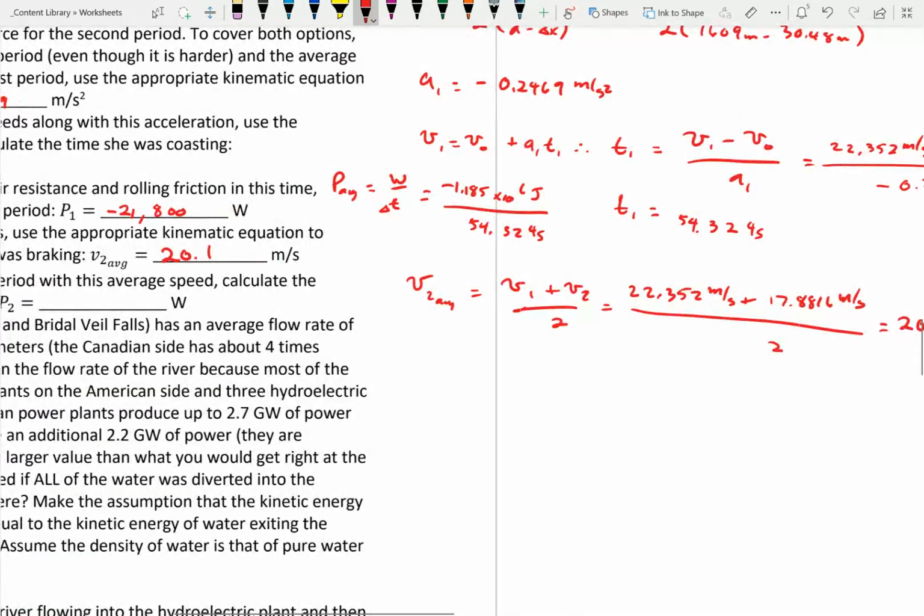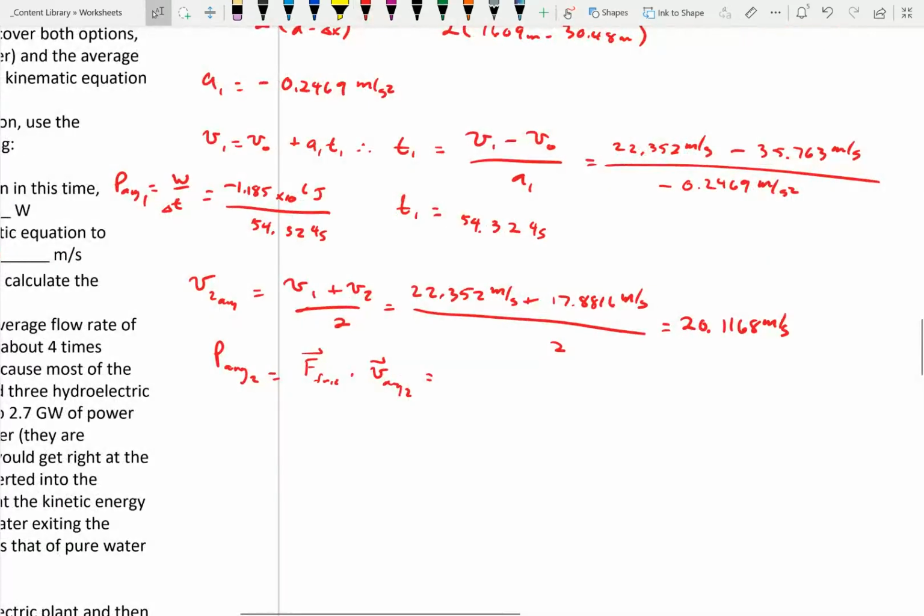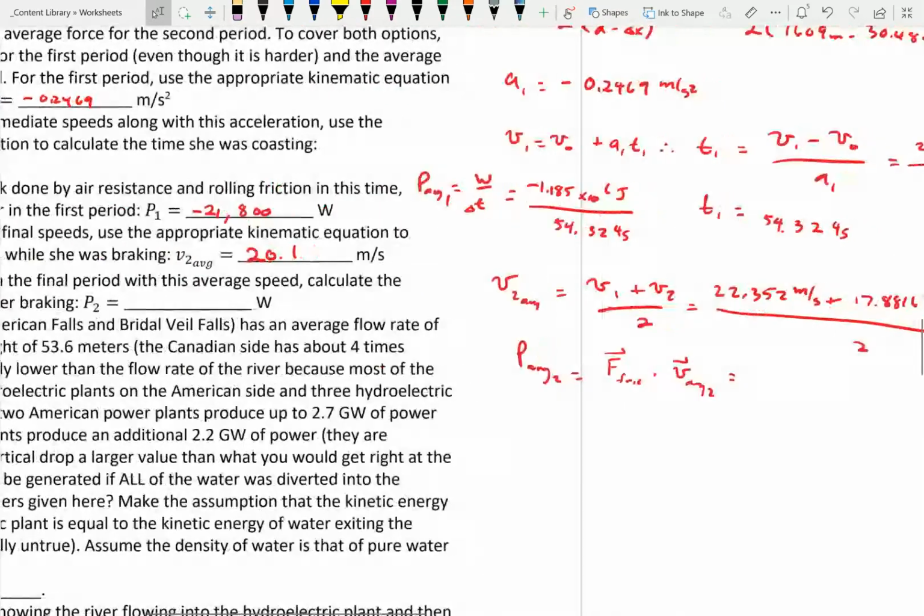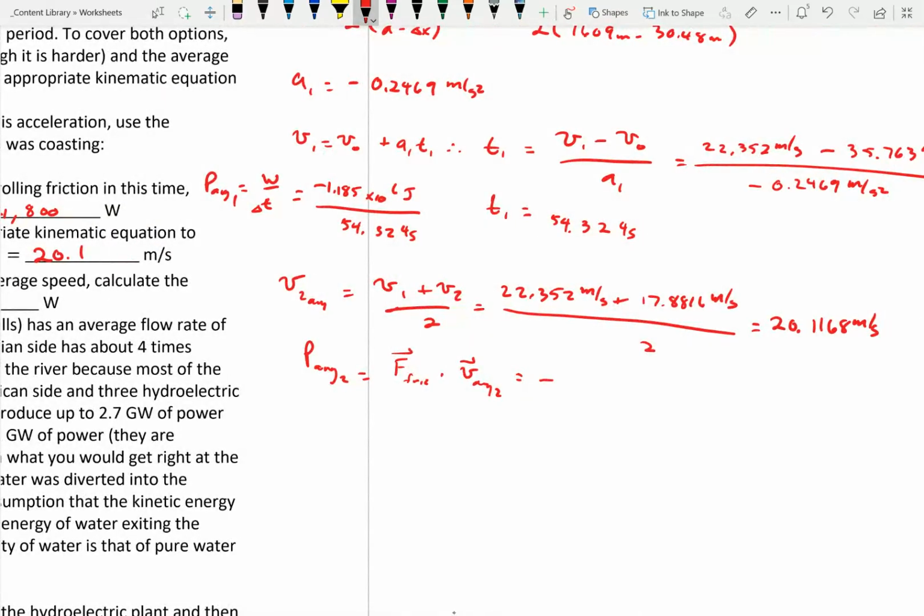Now, calculating the power this way, power average 2 is equal to force of friction dot V average 2. And so once again, the V average is forward, the force of friction is backwards, so this is going to be a negative value. I'm just going to put in magnitudes and put the minus sign out front.